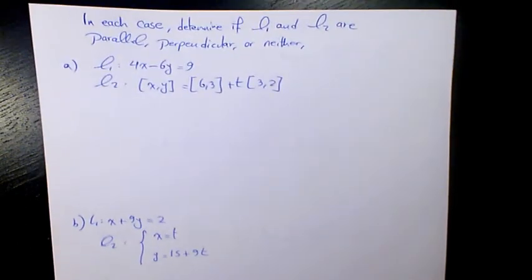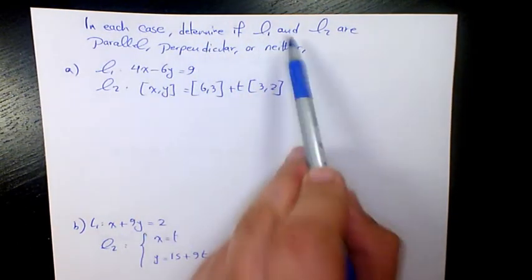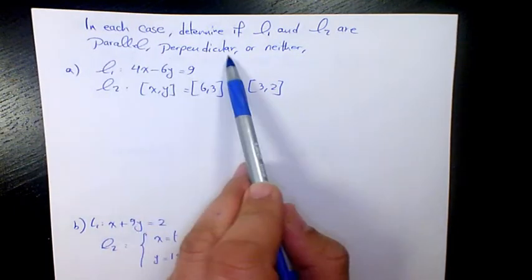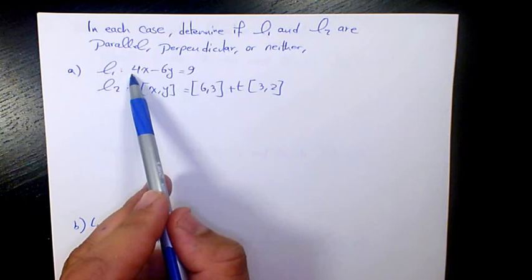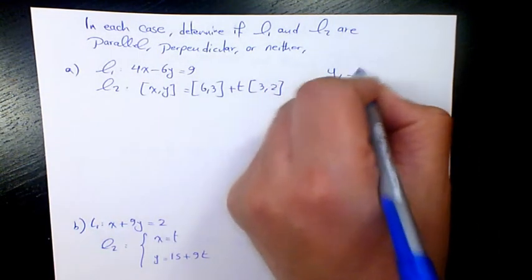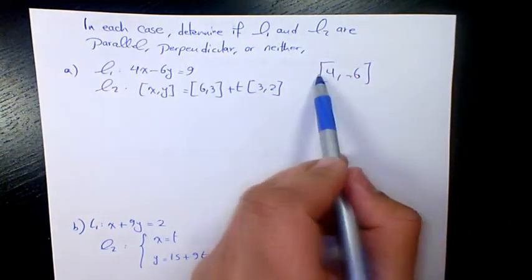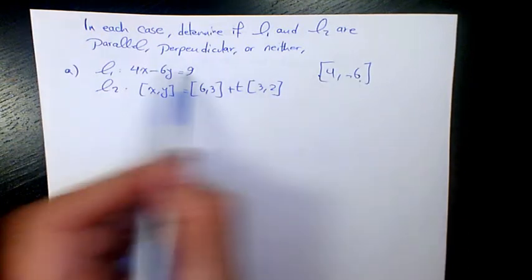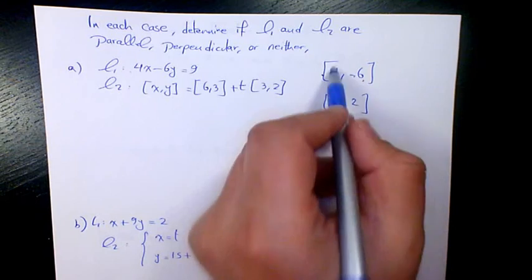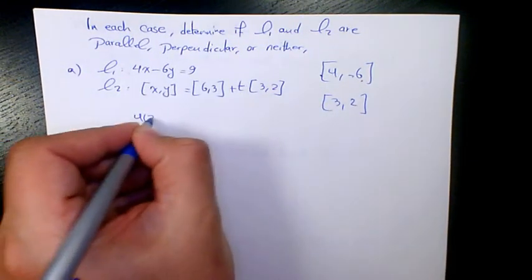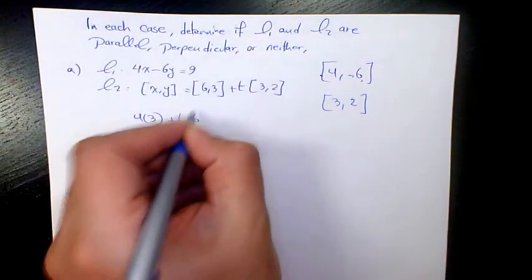Now in this example, it says, in each case determine if L1 and L2 are parallel, perpendicular, or neither. So L1, we have it in scalar form. So (4, -6) is the normal vector to this line. And the direction of this line is (3, 2). When you do the dot product, it's going to be 4 times 3 plus negative 6 times 2.